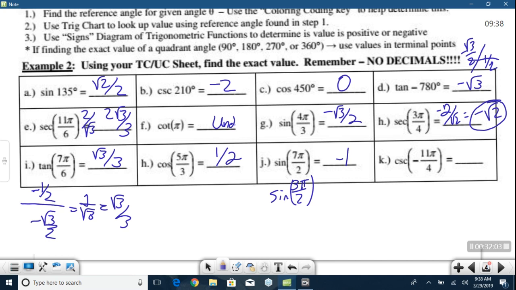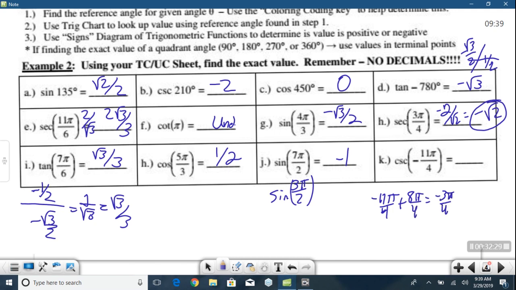All right, cosecant of 11 pi over 4. Add 8.